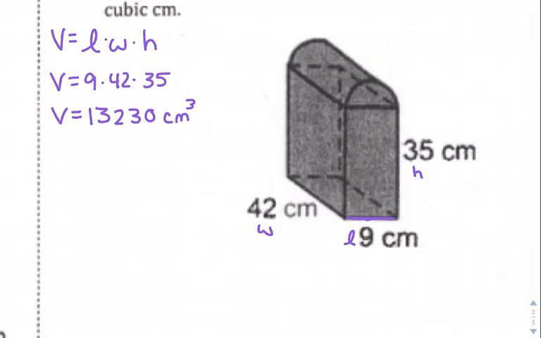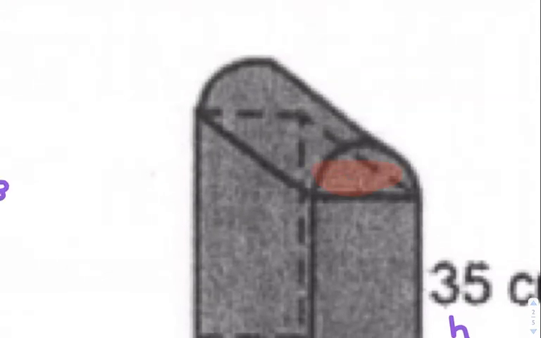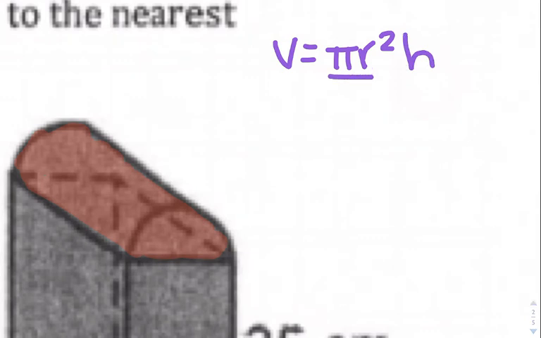So now I have to look at this top part here. This top part is my semi-cylinder. Now, we know the formula for a whole cylinder. What we're going to do is take half of that. So your volume of a cylinder is pi r squared times h. For half a cylinder, we're going to divide it by 2. So we need to figure out what r and h are.